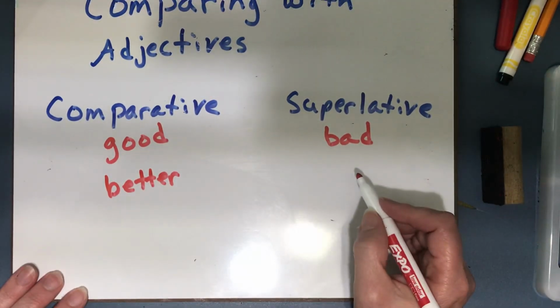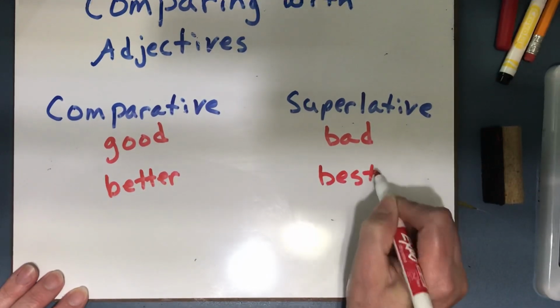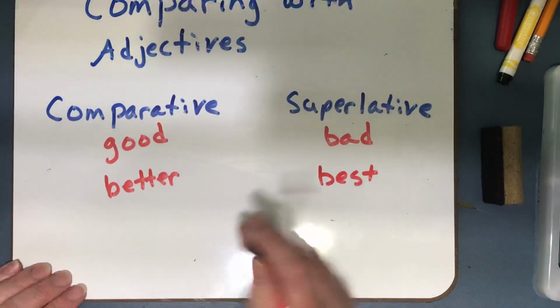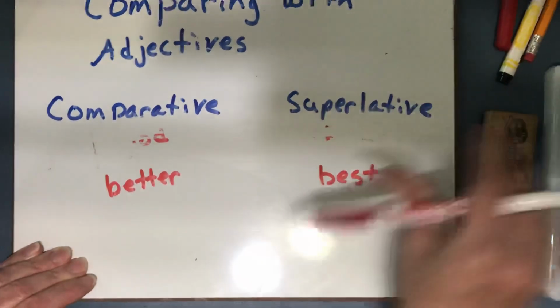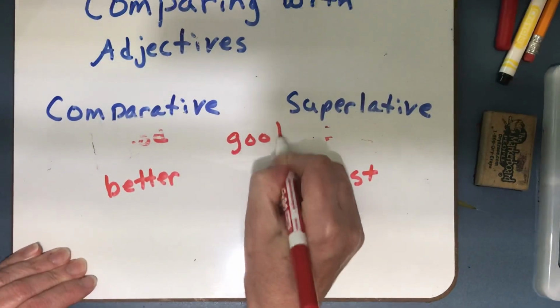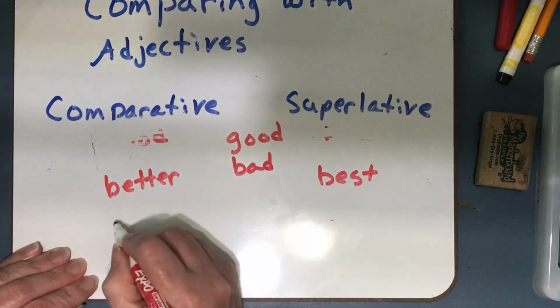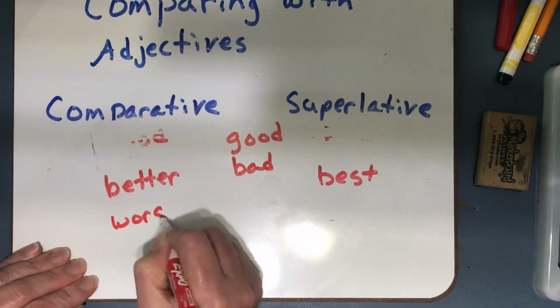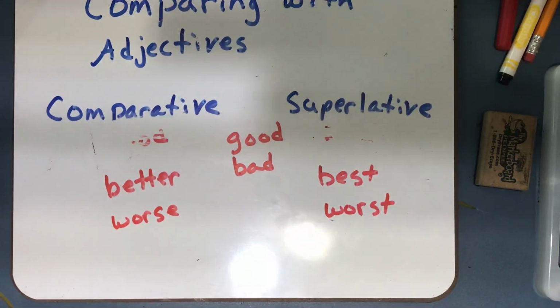Okay, and my superlative form would be best. Okay, and then for bad, let me move good and bad out of this comparative and superlative. Let me put them in the middle. Okay, good and bad. Okay, so better and best, and then worse and worst. Notice there is not a word called worser. Okay, it's worse and worst.